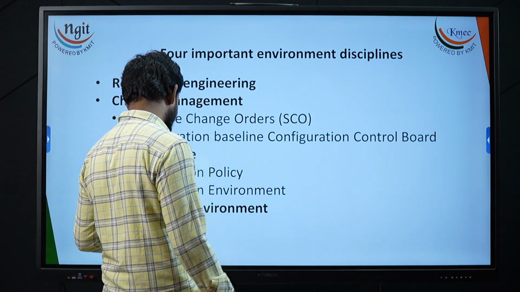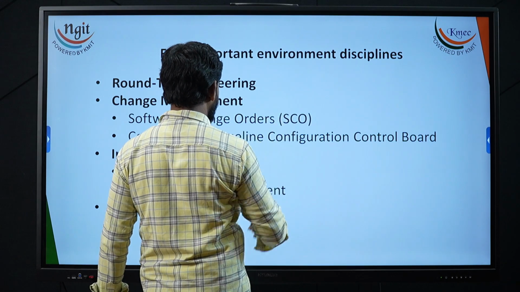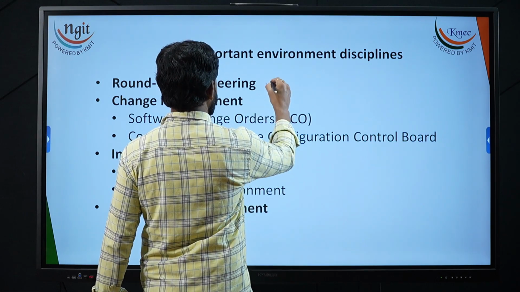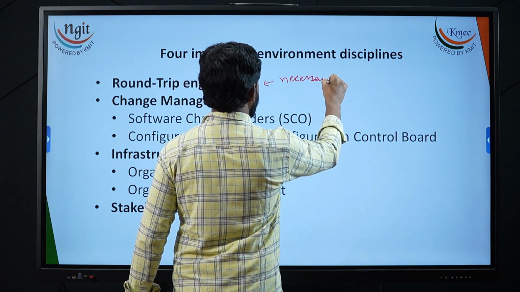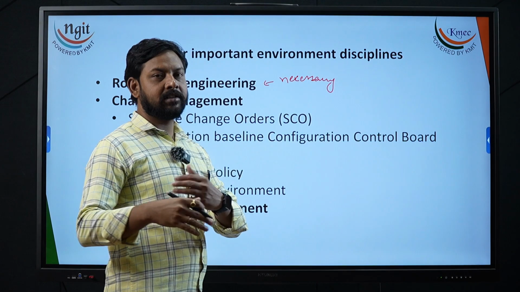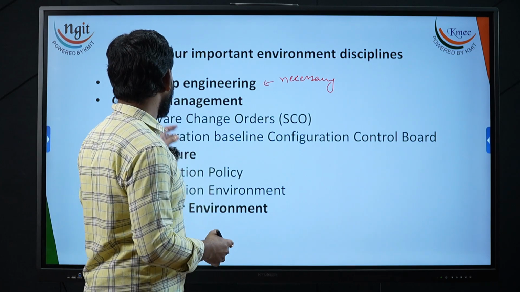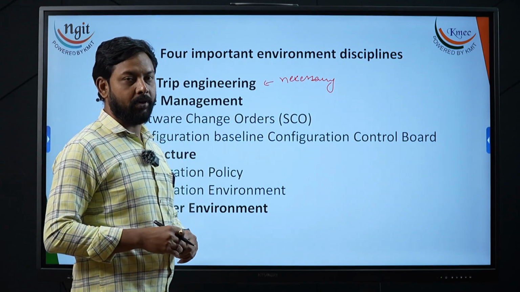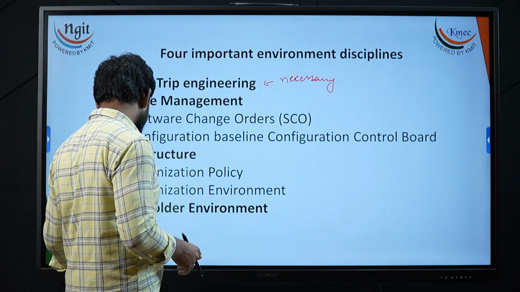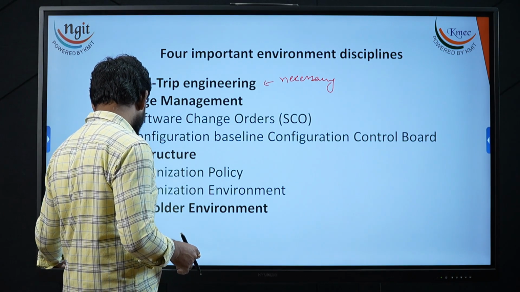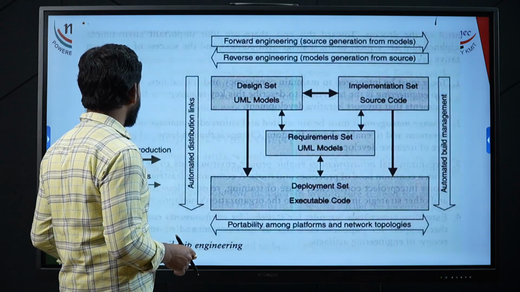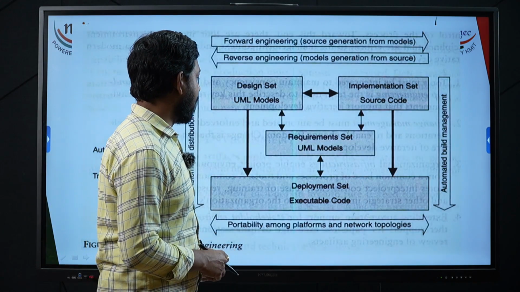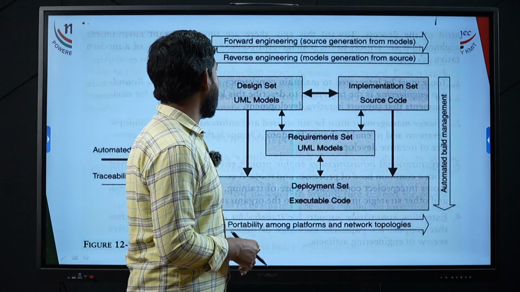So this is going to support with necessary files or necessary environments, and in order to maintain consistency across your project development, round trip engineering is going to help you out. So this is majorly focusing on the total supports related to your project environment. We can look into the basic supporting artifacts related to round trip engineering in this particular diagram.